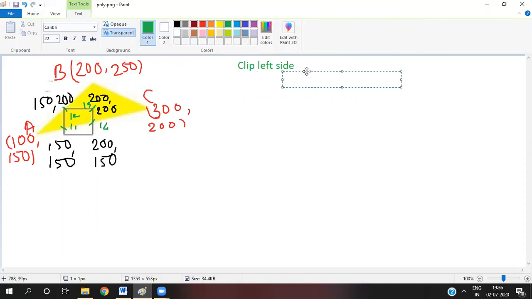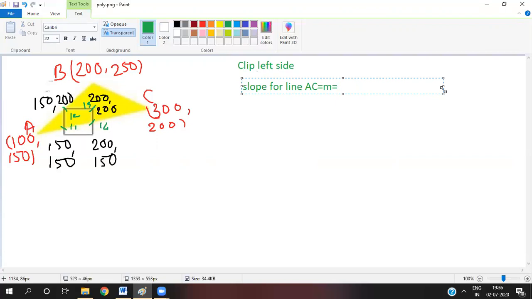First we need to calculate the slope of the line AC. The slope M is equal to y2 minus y1 divided by x2 minus x1.